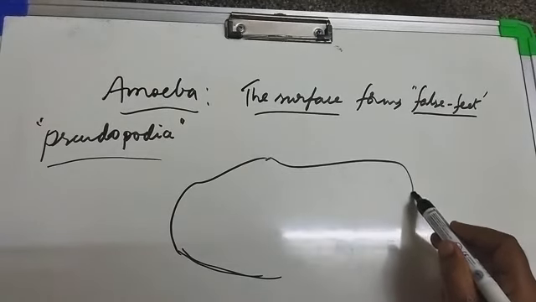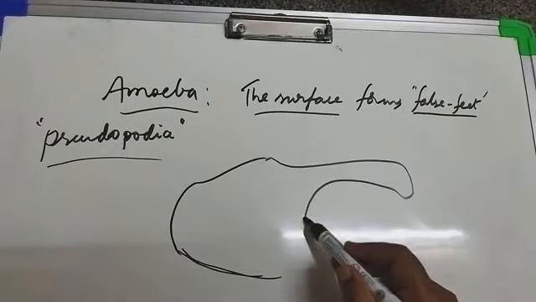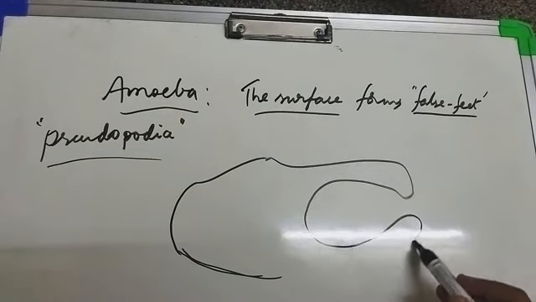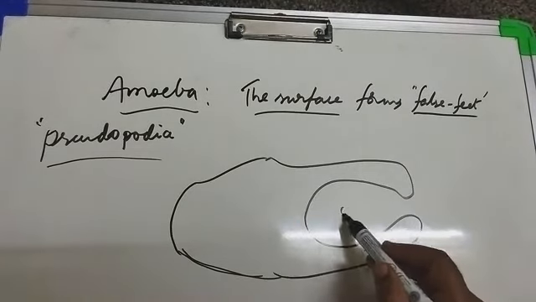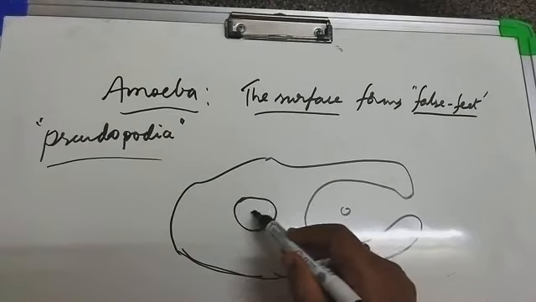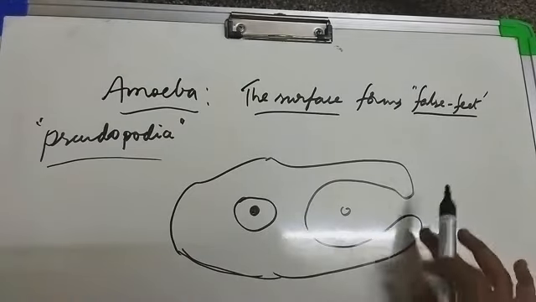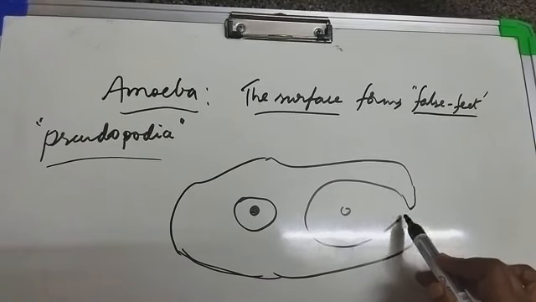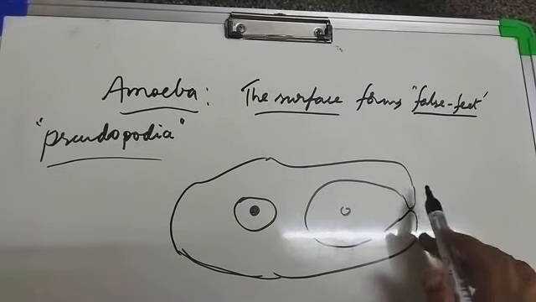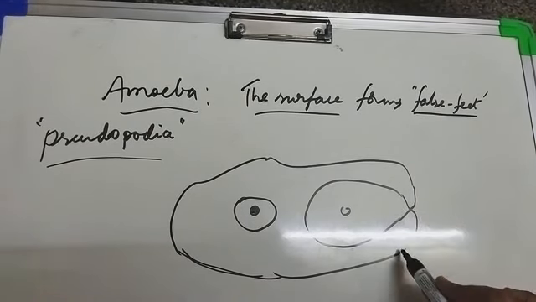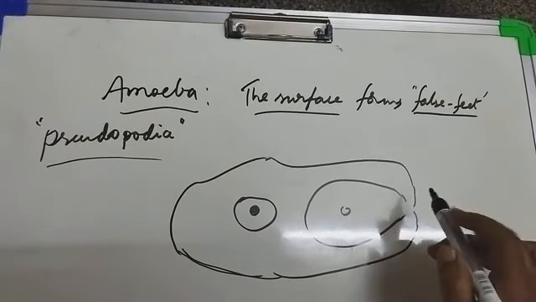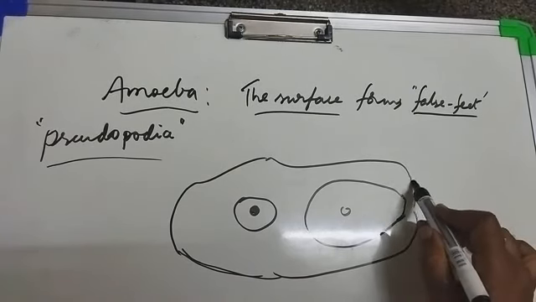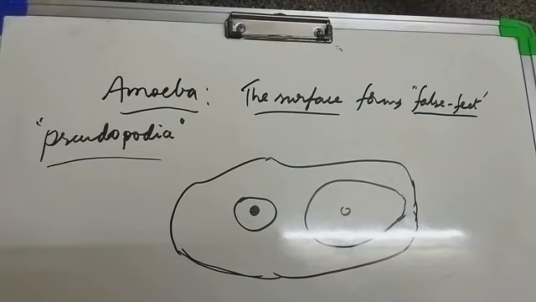just engulf the food particle which the amoeba wants to take in, and slowly the pseudopodia will join with each other, and as they join with each other, a food vacuole is formed inside.